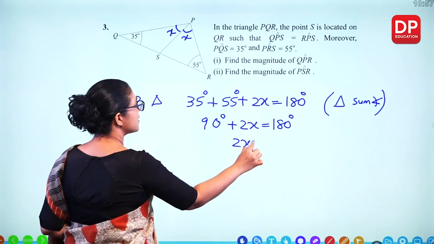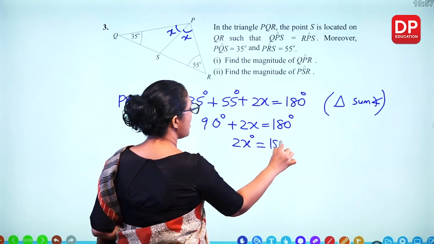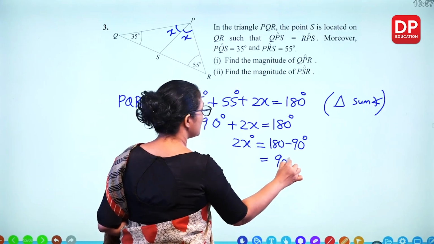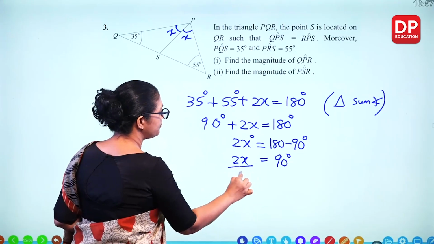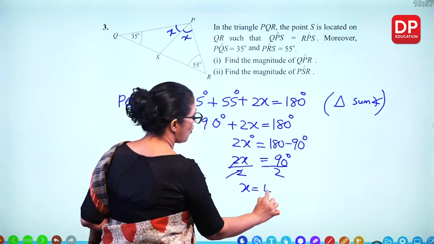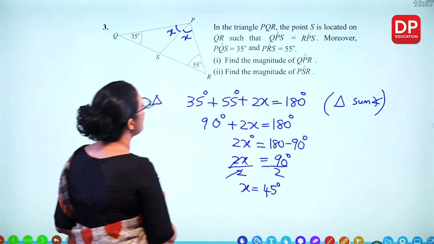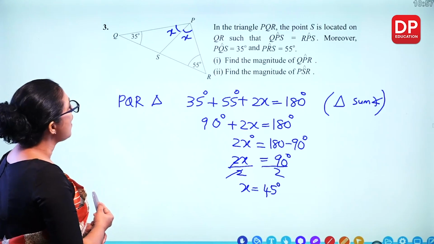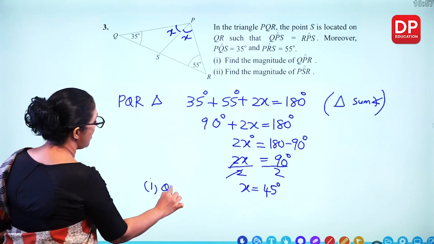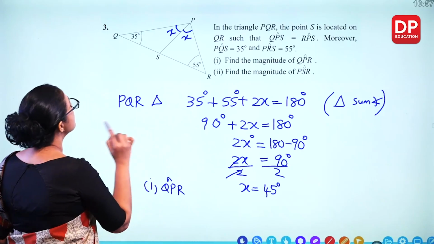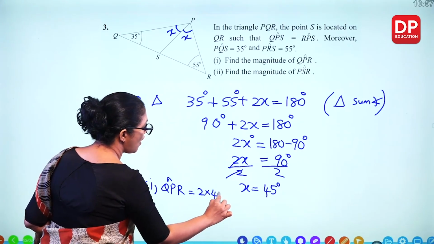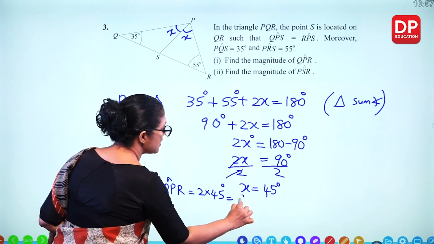What's 2x? 180 minus 90. Divide by 2. X is 45 degrees. So we found this is 45. So what's the first part? First part says QPR. That's double of x. 2 times 45, you get 90 degrees.